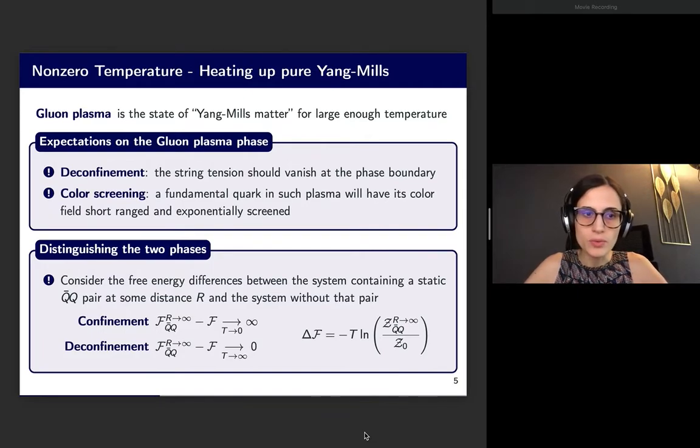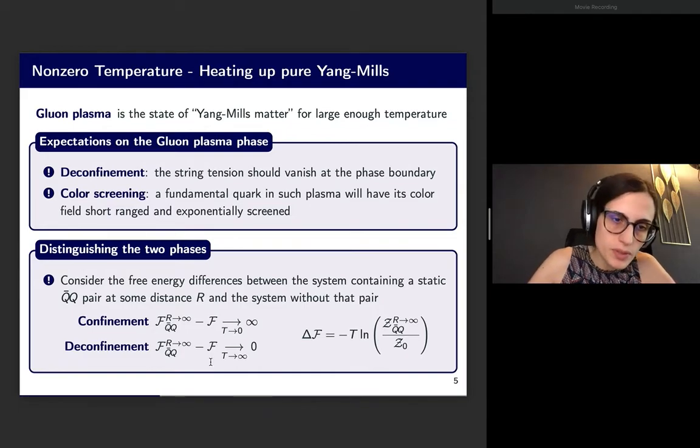In order to do that, we can consider the free energy difference between the system that does contain such a static quark-antiquark pair separated by some distance r, and the system that does not contain that pair.